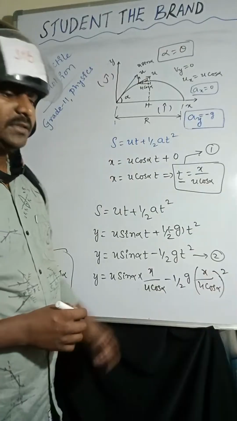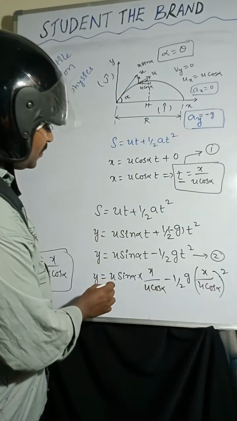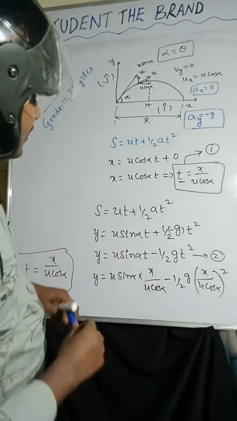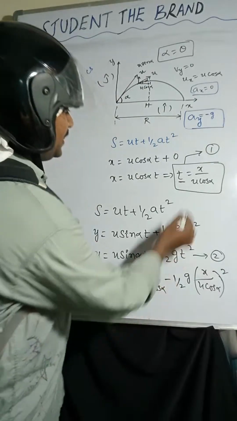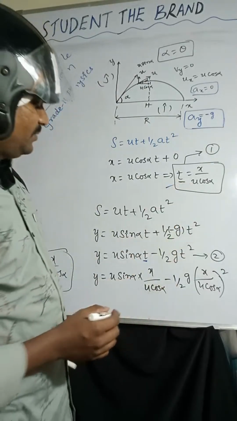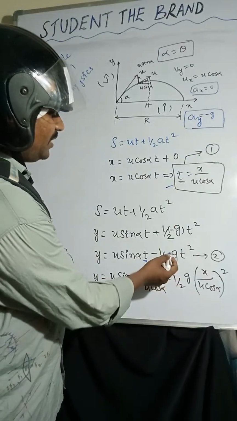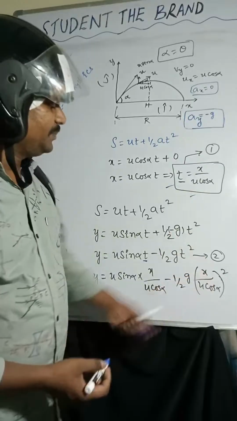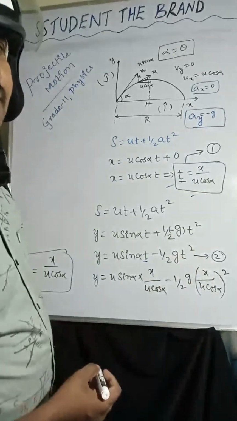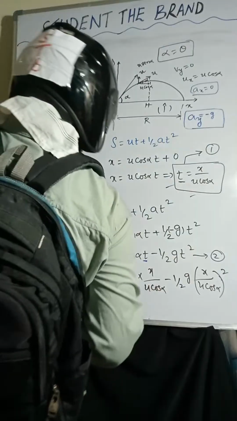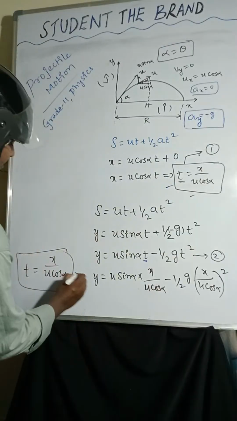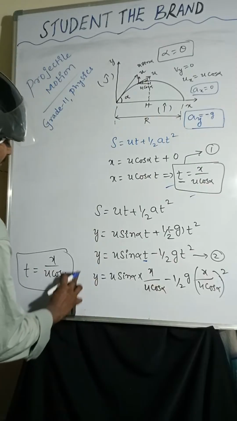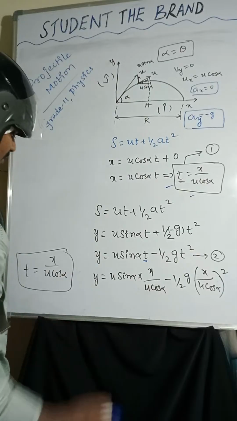Yes, check once here, y equal to u sin alpha into, in the place of t, I am substituting x by u cos alpha, minus 1 by 2 into g into, in the place of t I am substituting the same value, x by u cos alpha whole square. So you can check once.